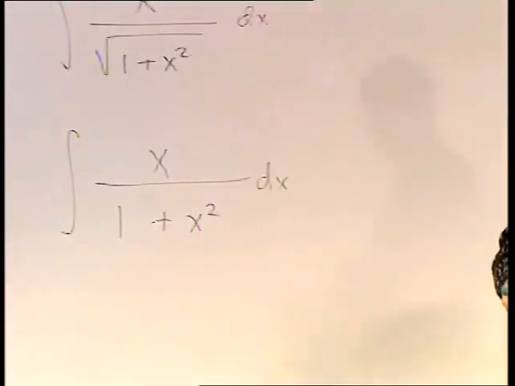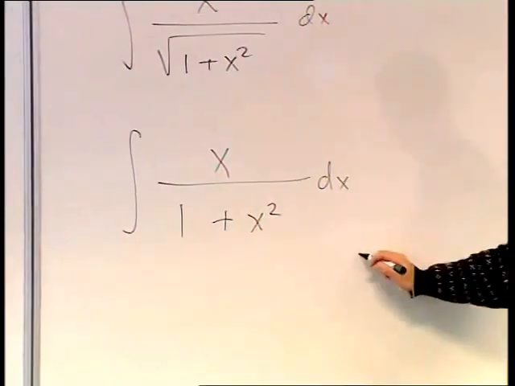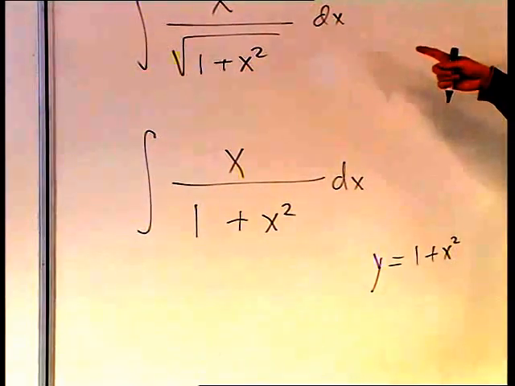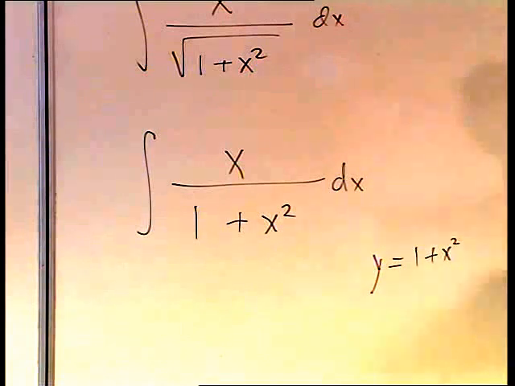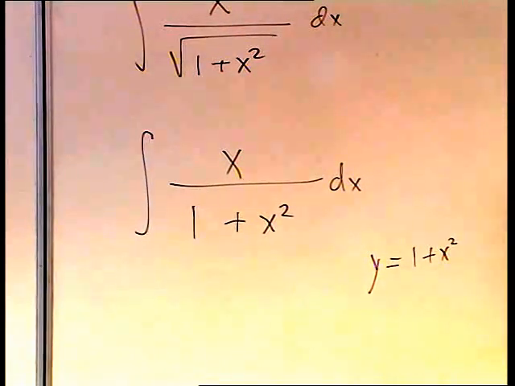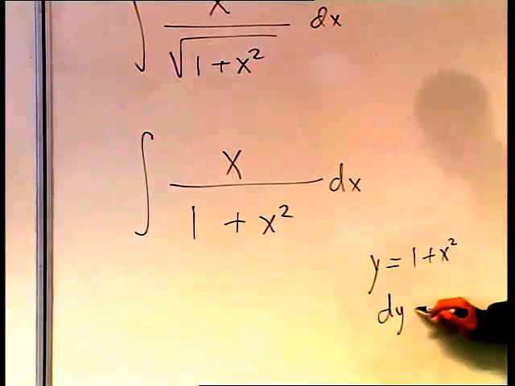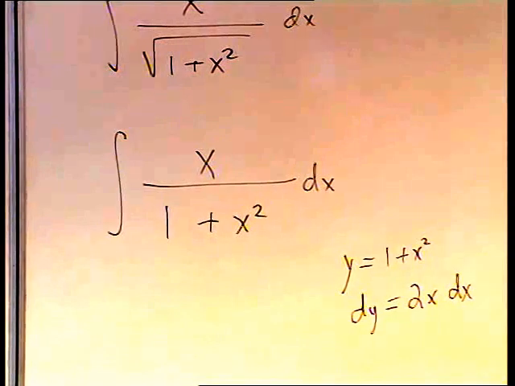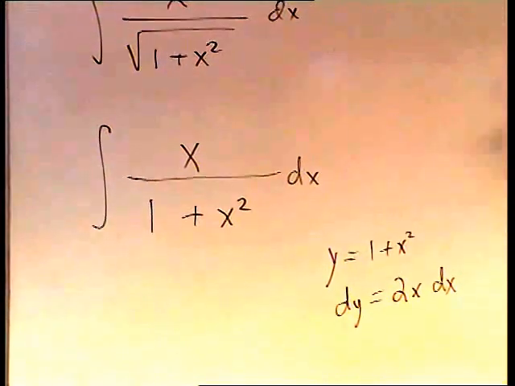Right? So the substitution you have to try here is y equals 1 plus x squared. And for that matter, the same substitution on the top one. That will give you that dy is 2x dx in both of them.